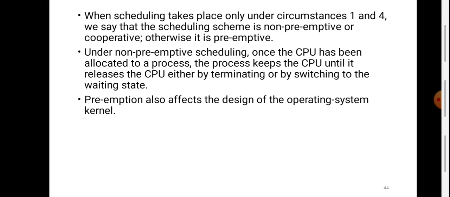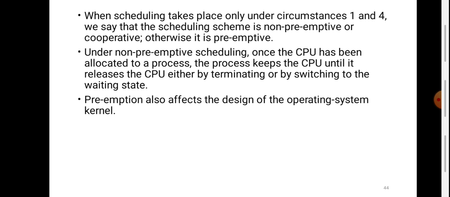It starts to wait for an input output device, and till it completes that, any other process can utilize this CPU. Once the first process completes its input output task, it comes back and can again use the CPU. So if a process utilizes resources like the CPU or an input output device and comes back, it is called preemptive. If a process is not coming back to the CPU, then it is non-preemptive.